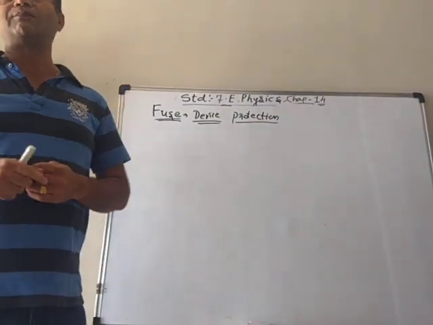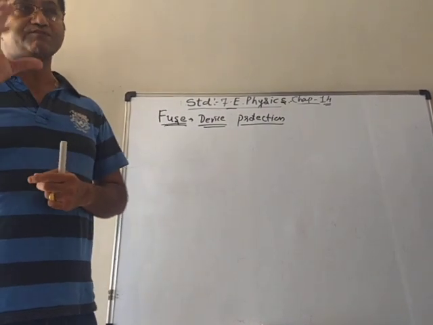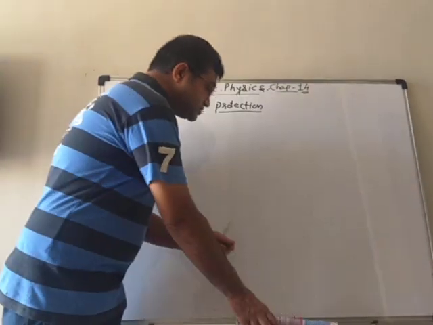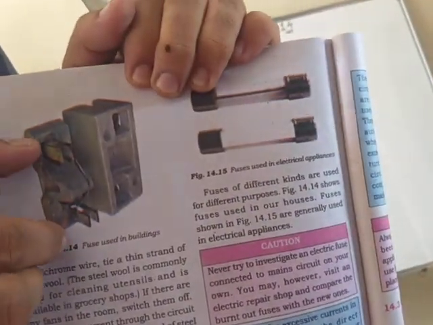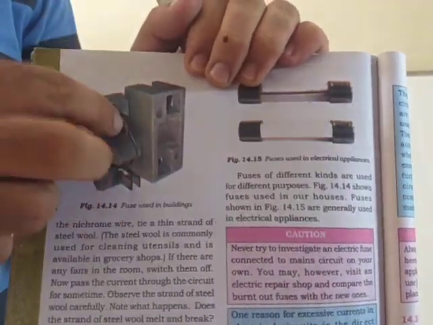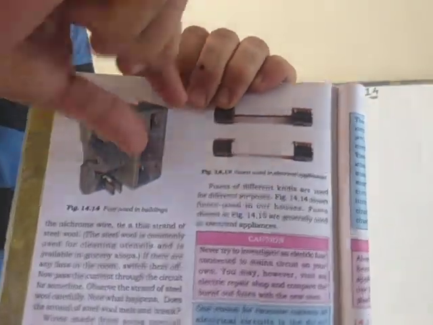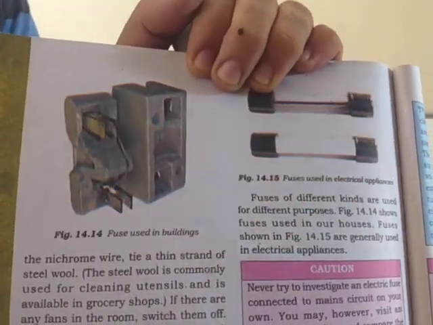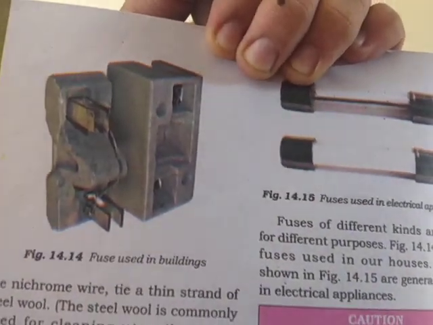Wherever there is your electric board and electric meter, next to the meter there is generally a fuse which looks like this picture here. This is the holder and that is the fuse. The fuse wire is tied here, and then that fuse is inserted in the socket, and then it works. You can look at your meter board and see how it looks.